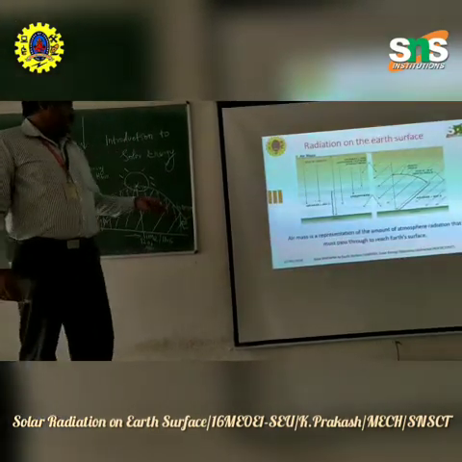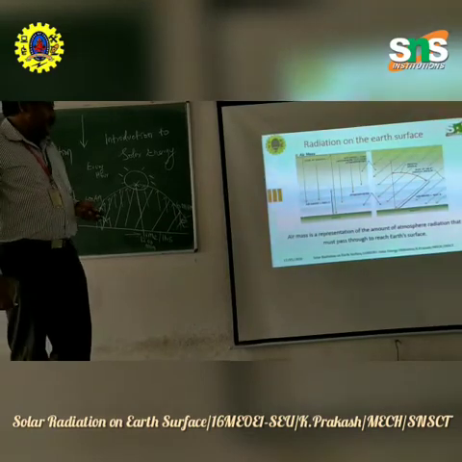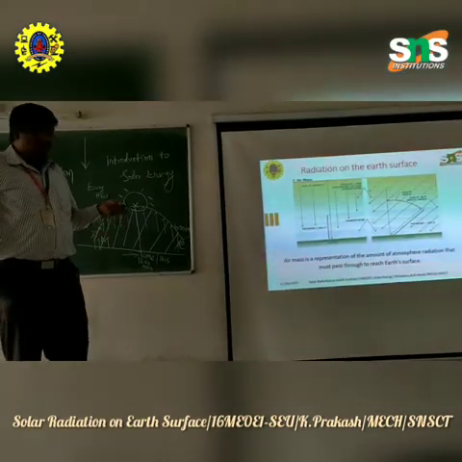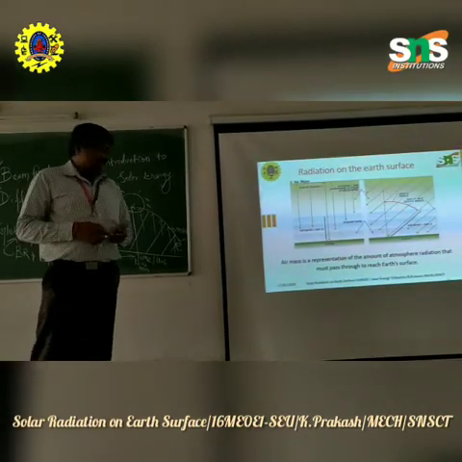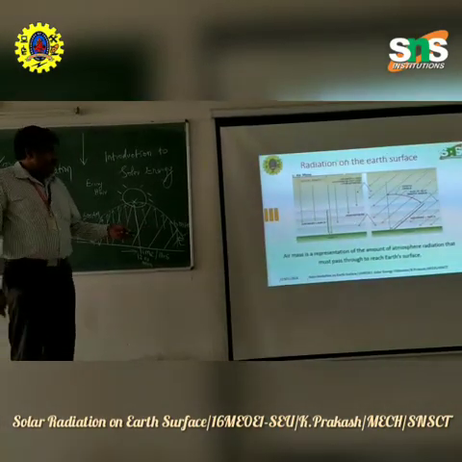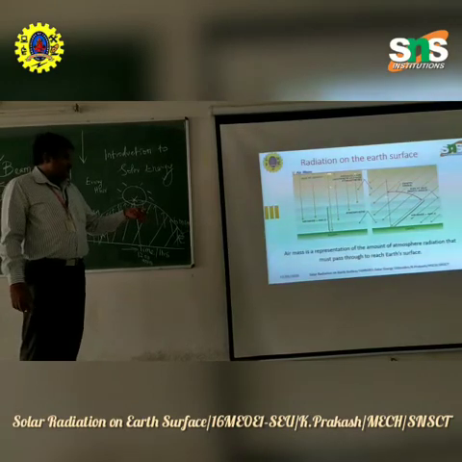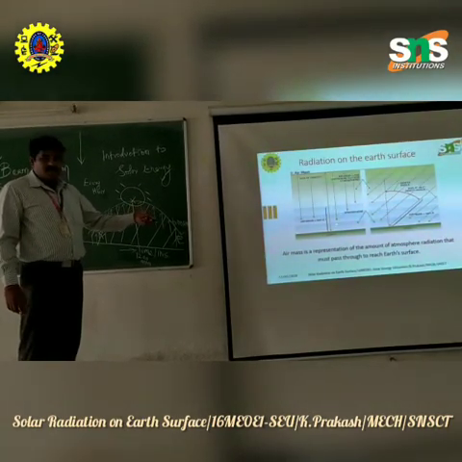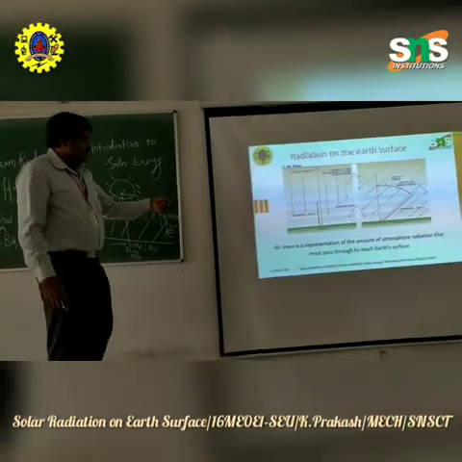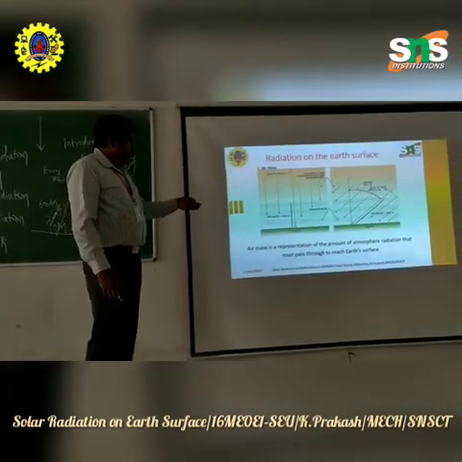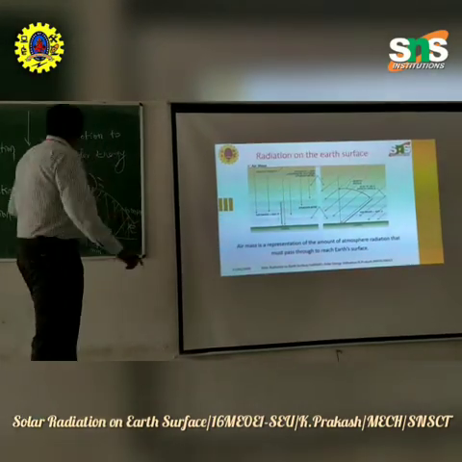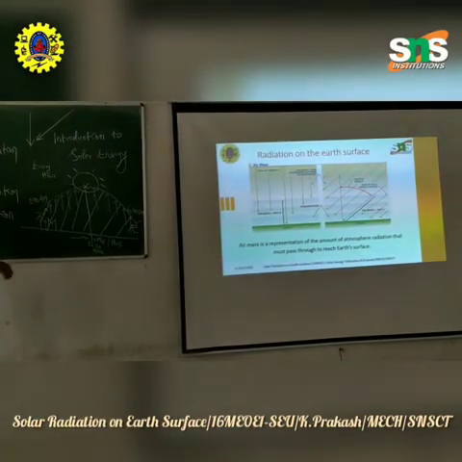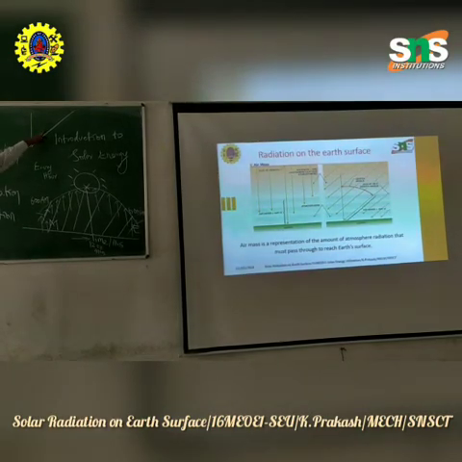So what is air mass? It is the amount of atmosphere that the radiation must pass through to reach the earth surface. So what happens is this straight line, which is vertical, becomes inclined.